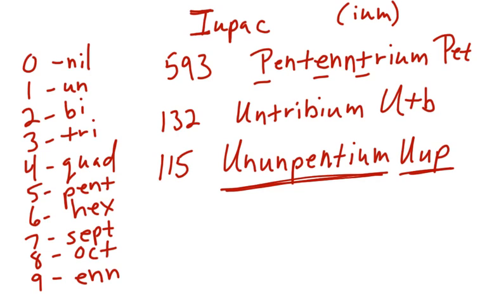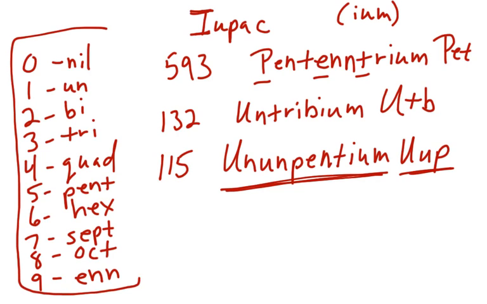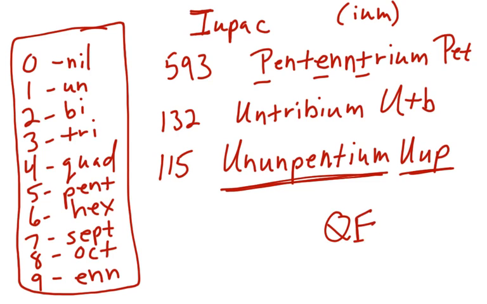All you need to know is the atomic number, and of course you're going to need to remember those 10 prefixes that we have, and just be able to put it together. Hope that makes sense. That's using the International Union of Pure and Applied Chemistry nomenclature rules.